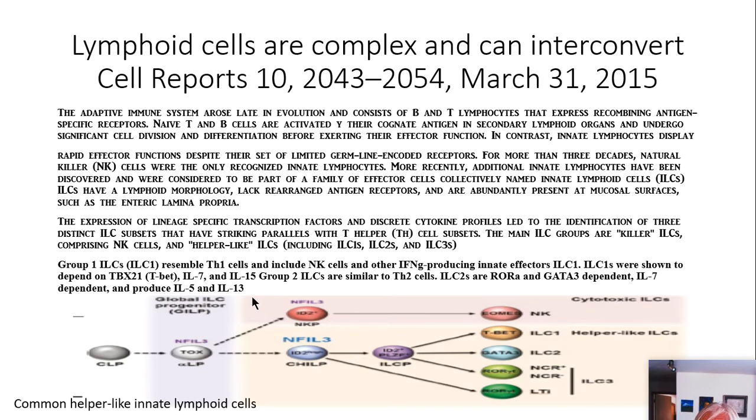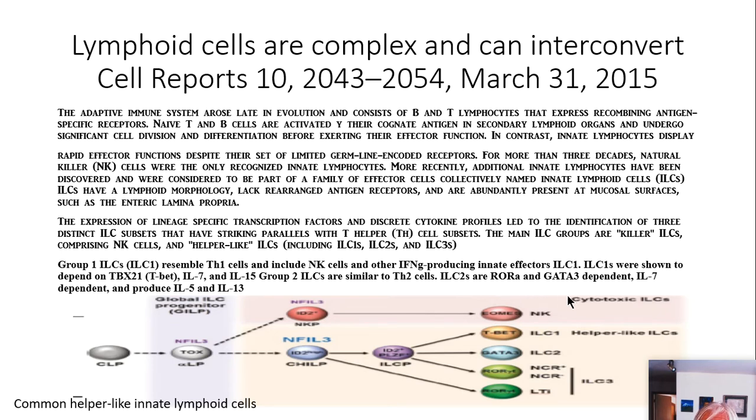And so ILC1s were shown to depend on TBX21. That's T-bet. Remember that transcription factor way back at the beginning of this lecture, right? Interleukin 7 and interleukin 15. Group 2 innate lymphoid cells are similar to Th2 cells. Thankfully, they're called 2. So the ILC2s depend on ROR-alpha and GATA3.